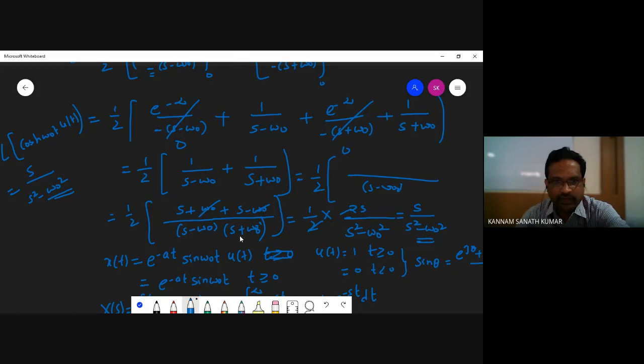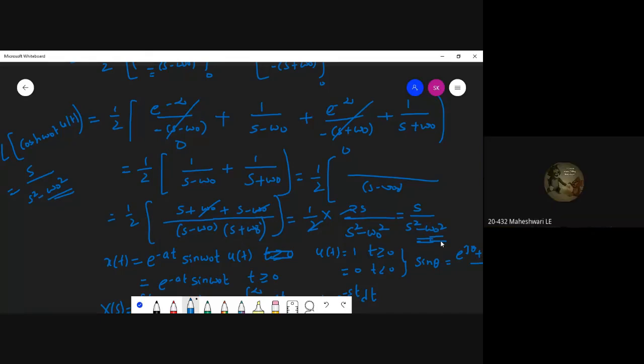S minus omega naught into s plus omega naught. Again cross multiply. So what you are getting, s plus omega naught plus s minus omega naught. Anyway, omega naught cancel. Okay. So s plus s is how much? 2s. Again 2 get cancelled. So what you are getting, s by s square minus omega naught square. Not plus, s square minus omega naught square. Okay, sir. Okay.